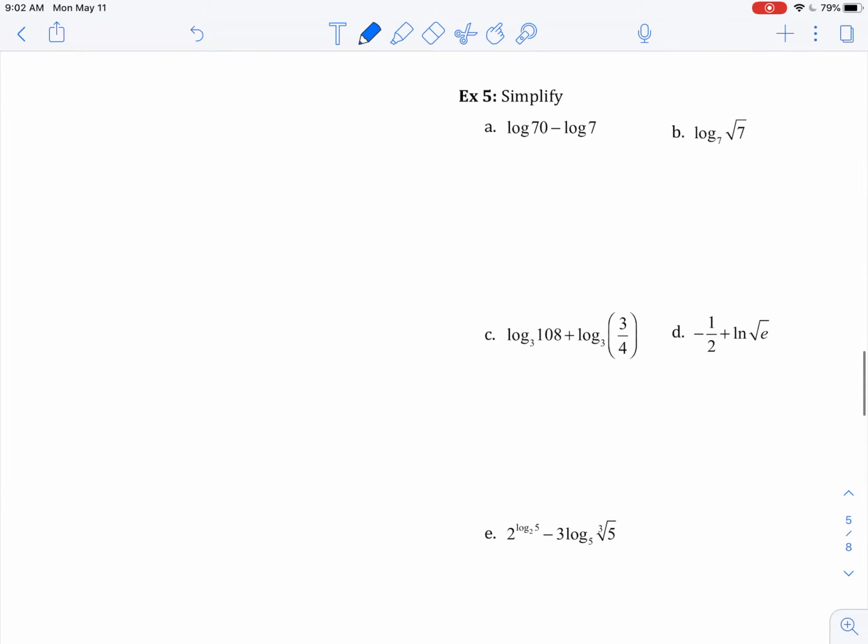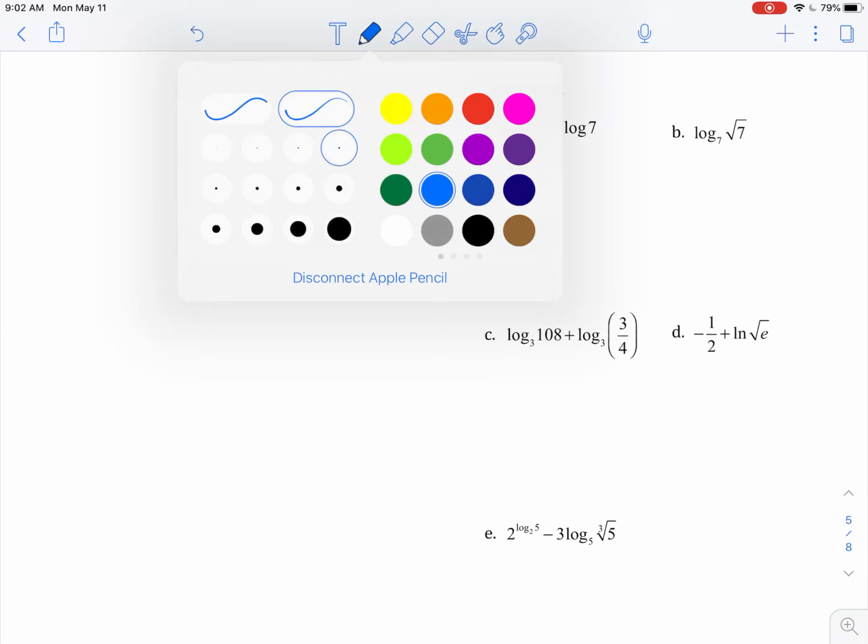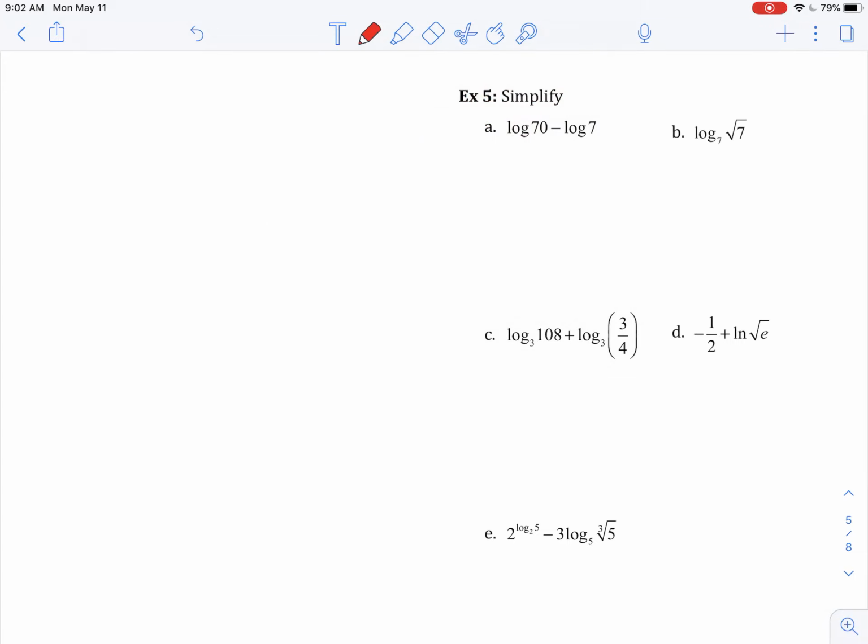So we're going to get to solving equations, but prior to solving equations, we need to learn how to combine like terms and simplify quantities. So if I have the log of 70 minus the log of 7, I am subtracting two logs, subtracting two exponents, and we know if we're subtracting exponents, that means division with a common base was going on.